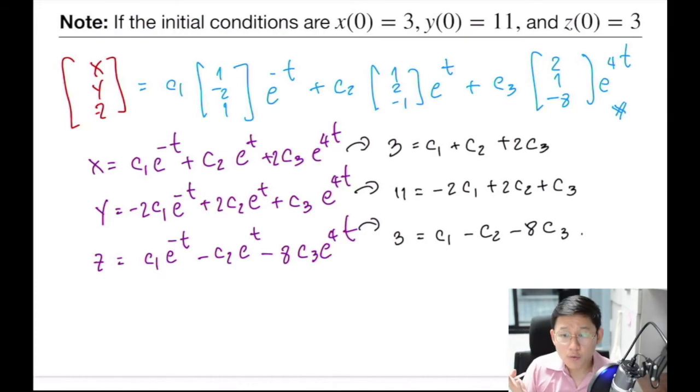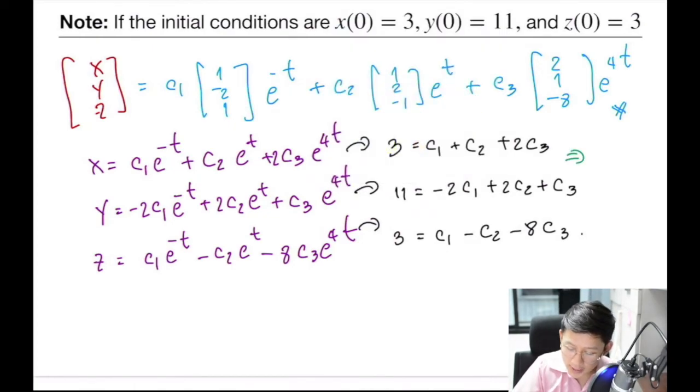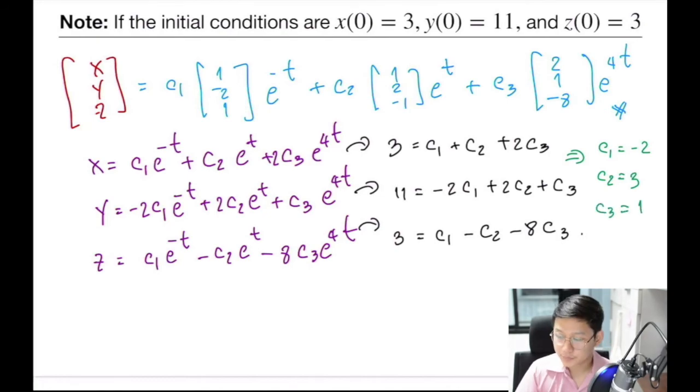I'm not going to show that, I'm just going to give you the answer. And the answer is that c1 equals minus 2, and c2 equals 3, and c3 equals 1. Okay, and that is the answer. You can go and have a look at this.